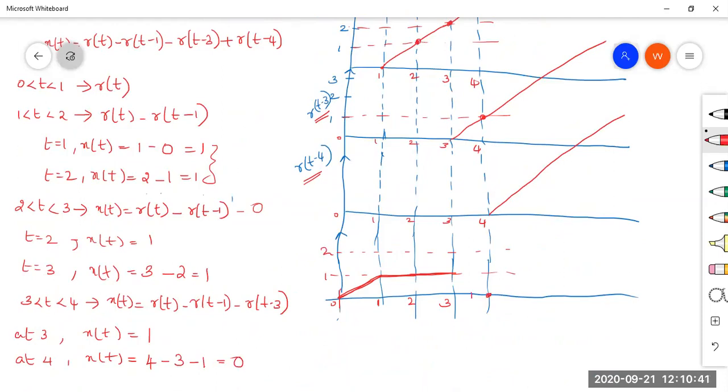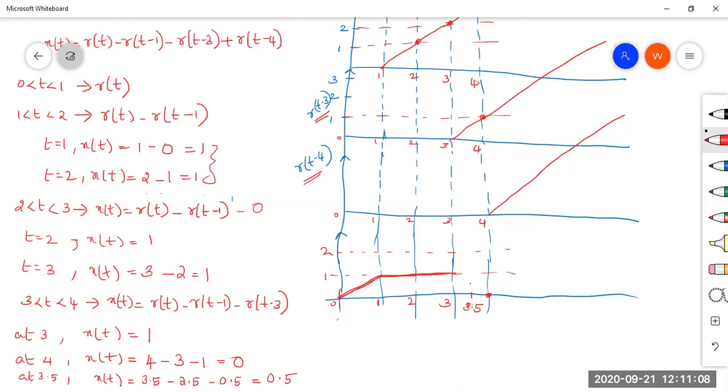Now we'll see what is happening at 3.5. At 3.5, r of t will have value 3.5, r of t minus 1 will be 2.5, and r of t minus 3 will be 0.5. So 3.5 minus 2.5 is 1, minus 0.5, so it is 0.5.